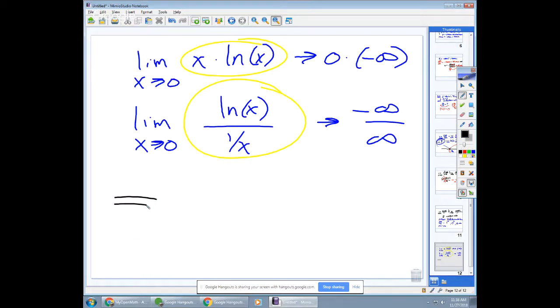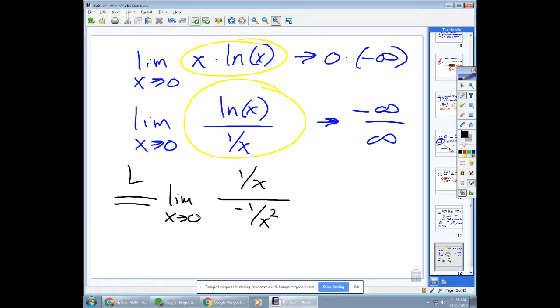According to L'Hopital's rule, what's the derivative of the natural log of x? 1 over x. That's my new numerator. What's the derivative of 1 over x? Negative 1 over x squared. So L'Hopital's rule says this quotient has the same limit as this new quotient as x goes to 0.